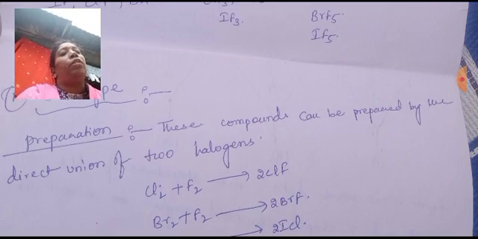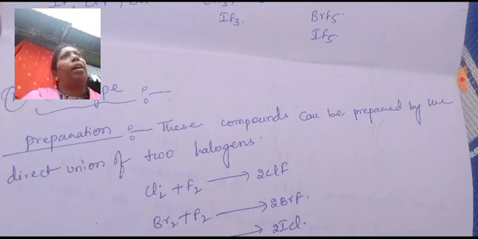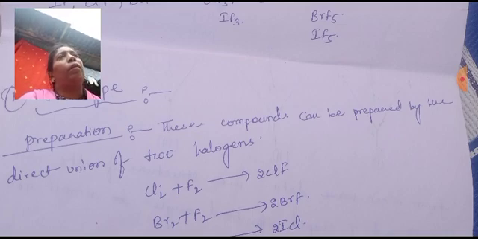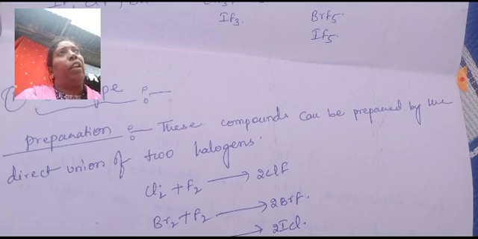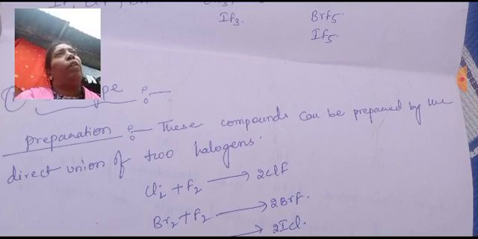Coming to the preparation of the AX type. The compounds can be prepared by the direct union of two halogens. You can take any two halogens, like fluorine, chlorine, bromine or iodine, any combination of two halogens, and unite them directly.